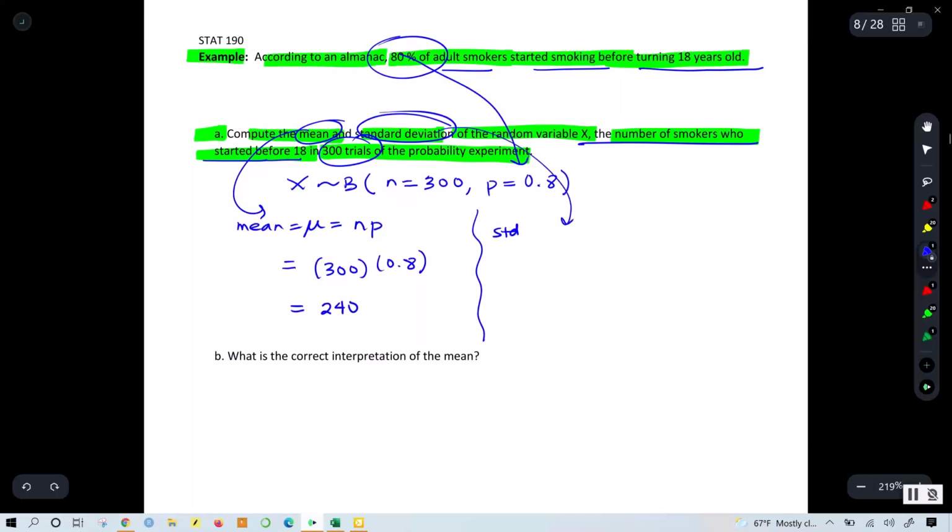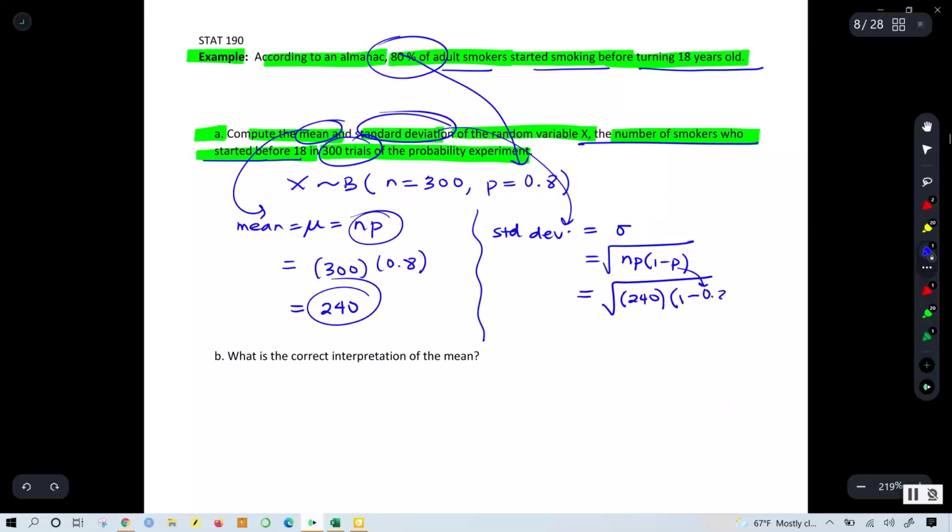Then the standard deviation, sigma, is equal to the square root of np times 1 minus p. This is the same as the square root of np, which is 240, multiplied by 1 minus p. p is 0.8. 1 minus 0.8 is 0.2. And if you multiply 240 by 0.2, you have 48.